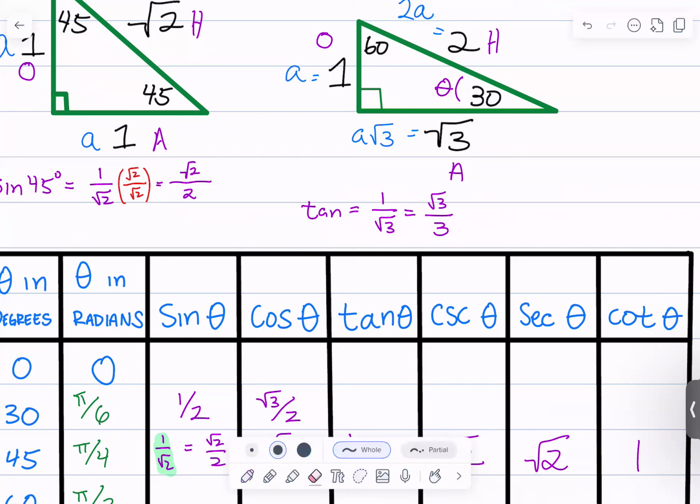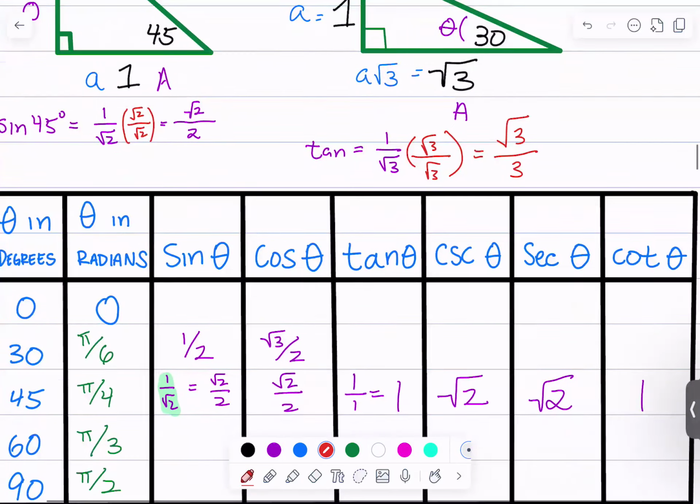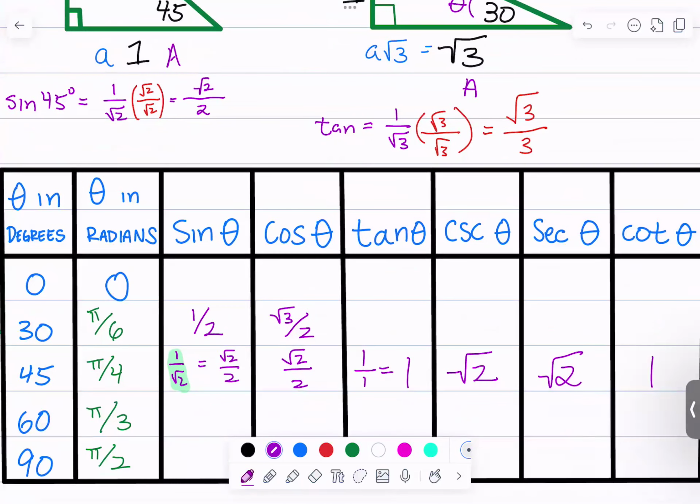Let me do that for you guys. If I rationalize the denominator and I put square root of 3 over square root of 3, 1 times square root of 3 is square root of 3 over square root of 3 times square root of 3 is 3. So this would be 1 over square root of 3 equals square root of 3 over 3. Okay.